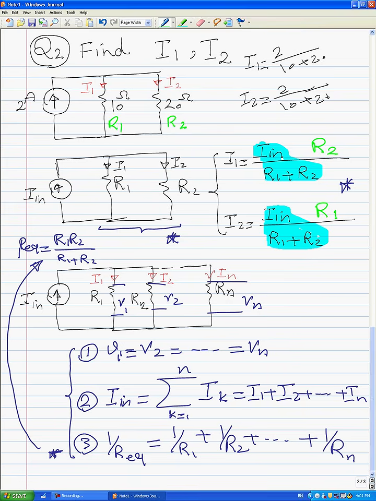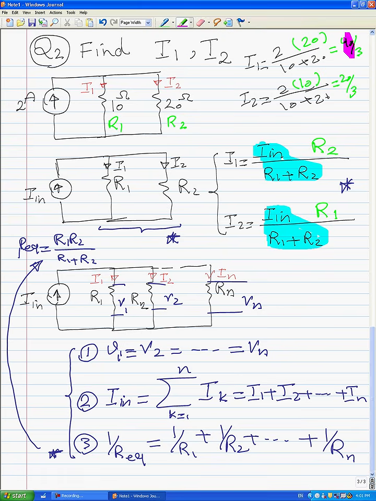For I1, here we need R2, 20, and for I2, we need R1, here 10. And the final answer should be 40 over 3 and 20 over 3.